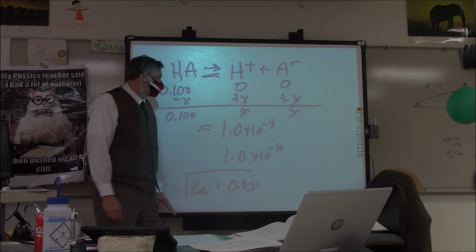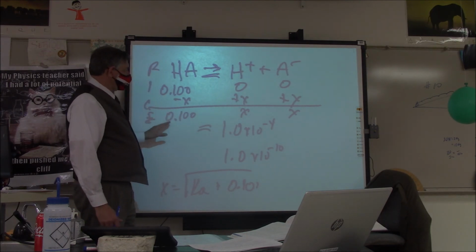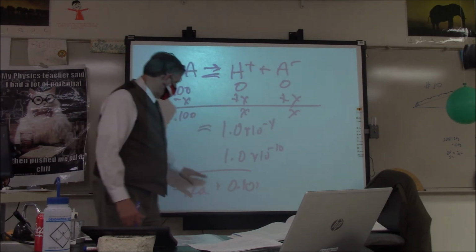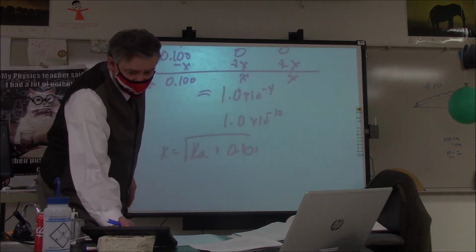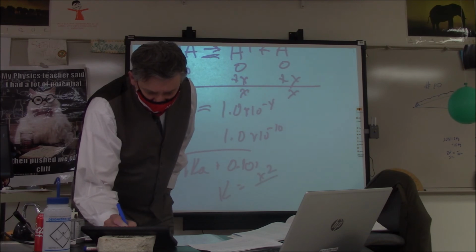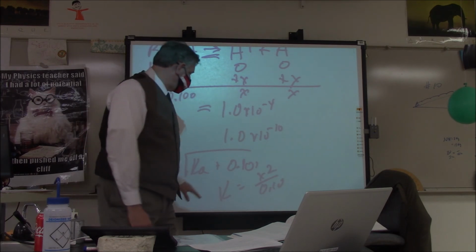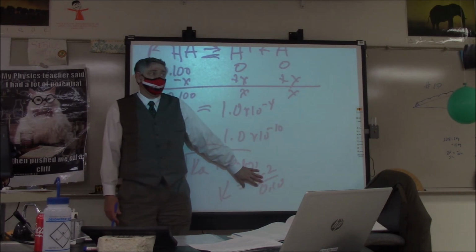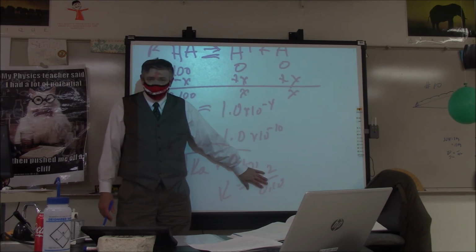So if I want to figure out what these are, then if you look at what that Ka value is, that's going to be X squared divided by 0.1. Now, as long as these are non-buffered solutions, this process works every time.